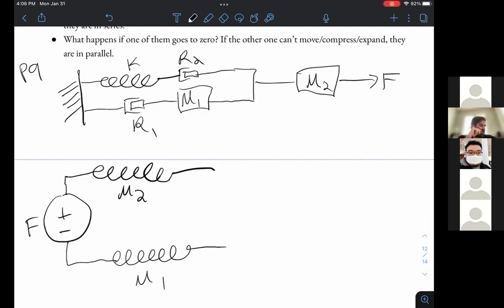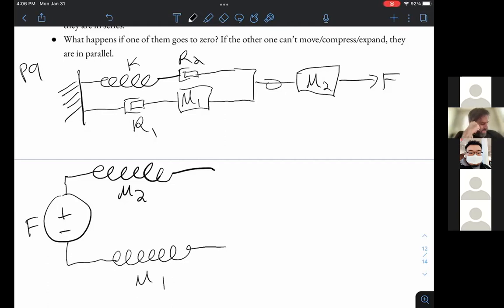I can definitely see that if M1 is stuck there, nothing else can move, because those connections are rigid also, and this point here is also rigid. So if M1's stuck in place, none of the other stuff can move either.